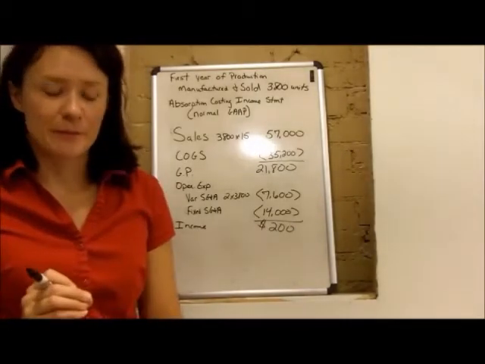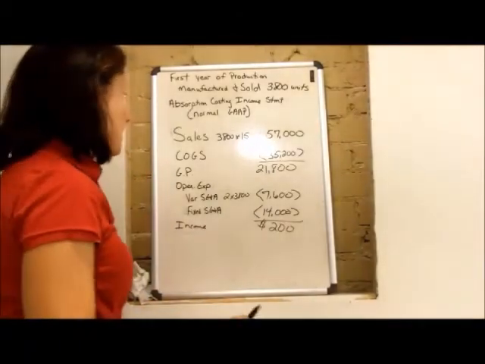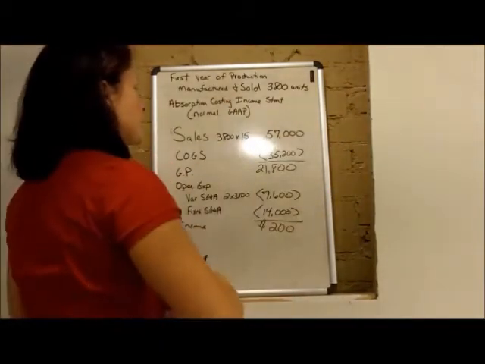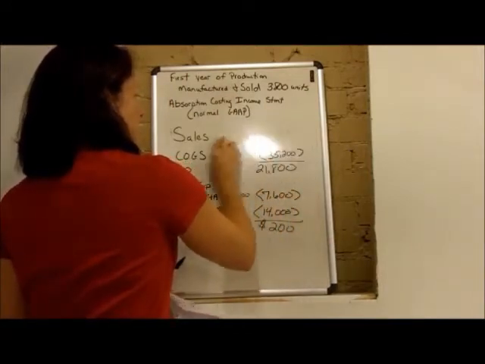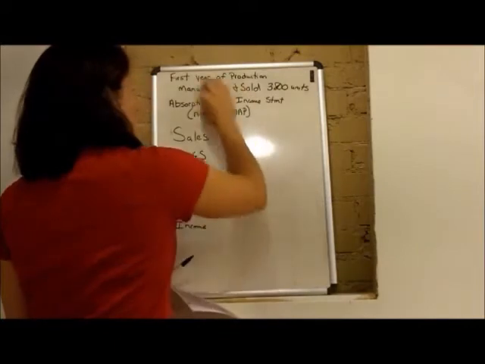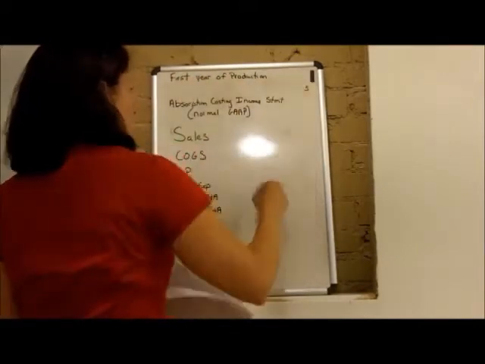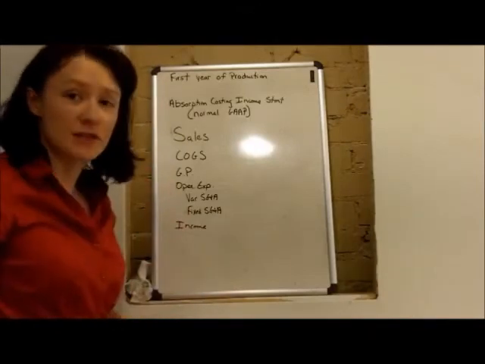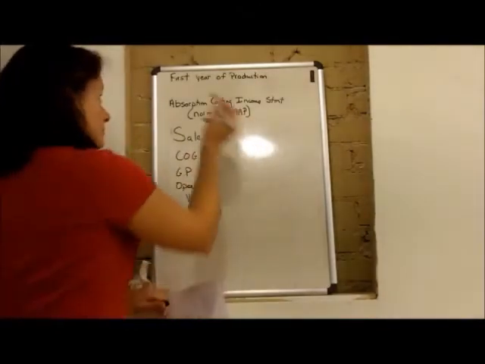Now let's change it up a bit. What happens when, instead of manufacturing and selling 3,800 units, we actually have a little bit of inventory left over at the end of the year?